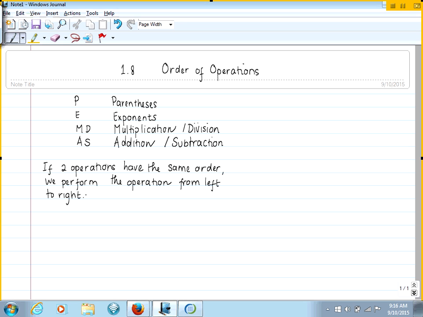So left to right. Okay, so multiplication and division, which one first? Well, it depends. It goes from the left to right. Yeah. Addition and subtraction, which one first if you have both? Well, it depends which one is on the left. Okay? All right.